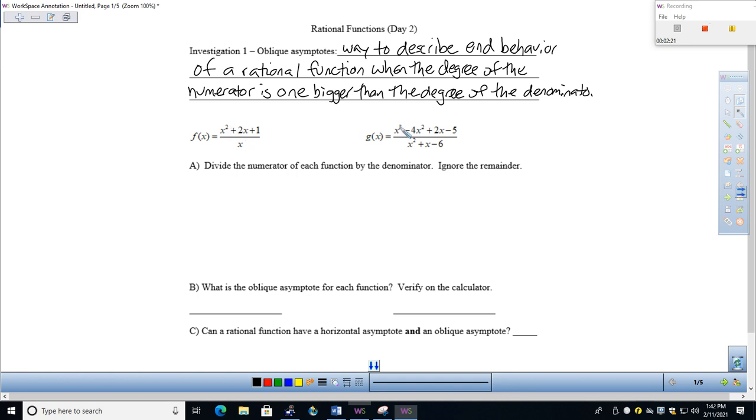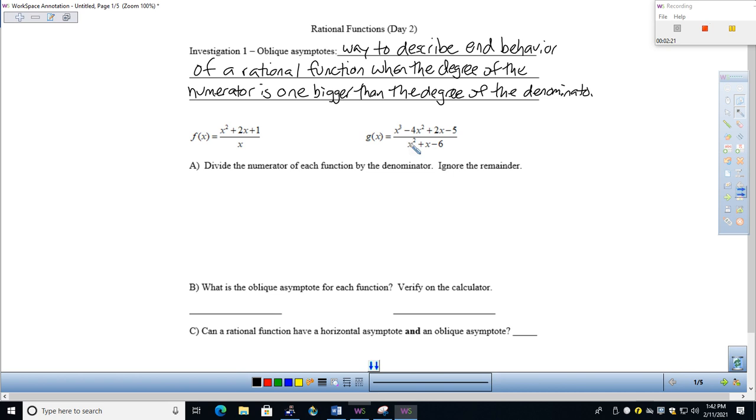In this case, degree 3 over degree 2. If I asked you about the horizontal asymptote to these two functions, you would right away tell me, oh, there's no horizontal asymptote. But what we're going to be able to do here is find a better way to represent the end behavior rather than just waving our hands in the air and saying, oh, no horizontal asymptote, move on.